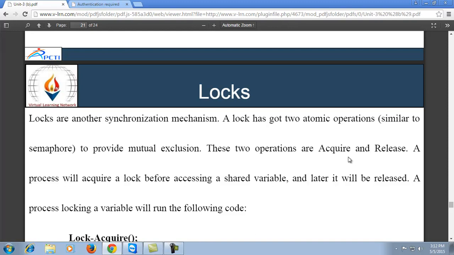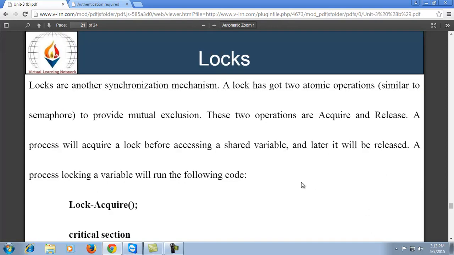After storing the data, we need to acquire the lock, and after locking that particular data or task, if we want to access it, then we have to acquire the lock again and then release that lock after storing and accessing the data.